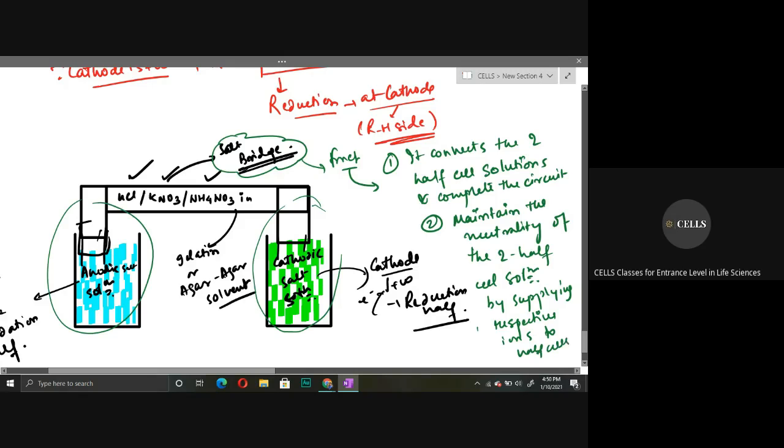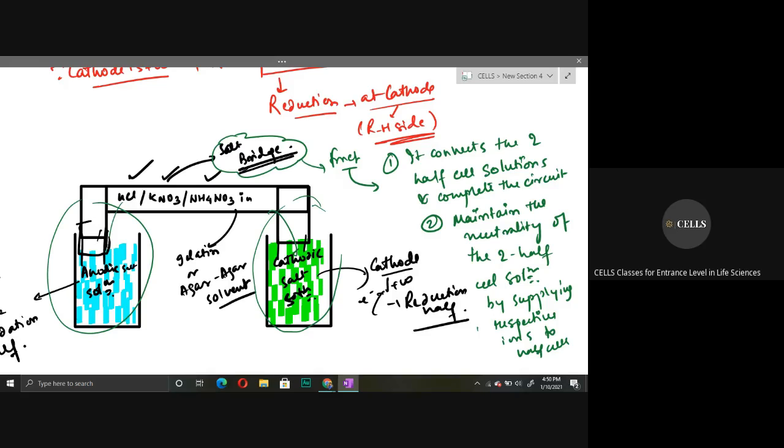Look at this very carefully. Suppose this is a cathodic solution, it becomes so much positive, so it will give negative ions like NO3 minus, Cl minus, so it becomes stabilized. On the other hand, this is too much negative, so it will give K plus, NH4 plus, so that the two solutions become neutral at the end.